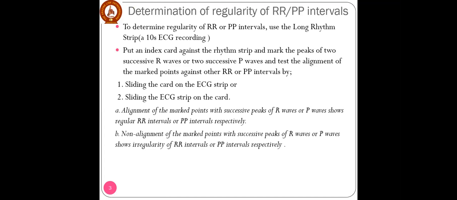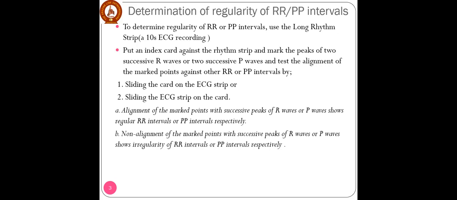To determine the regularity of the RR and PP intervals, use the long rhythm strip, which is a 10-second reading or recording of the ECG, usually displayed at the foot of the ECG printout.